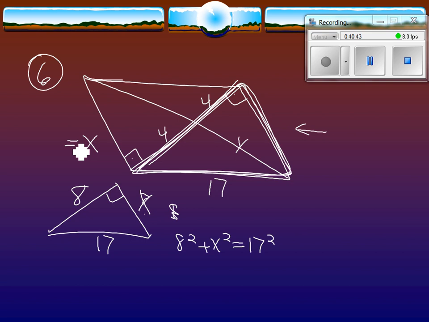Somebody figure it out because I don't want to do the Pythagorean theorem. 9? I'm going to write it 10. I'm just going to write down any answers that you guys are yelling out, and if it's wrong, it's wrong. When I collect the paper, I'll mark it wrong. Somebody do the math down here. You guys know how to do the Pythagorean theorem, or look up the triples. It was one of the five easy ones that we talked about.